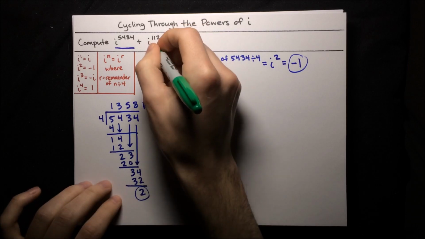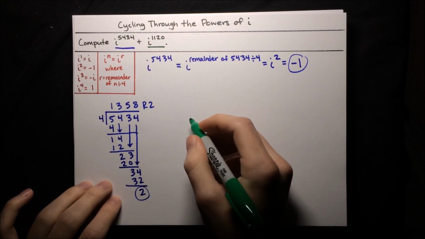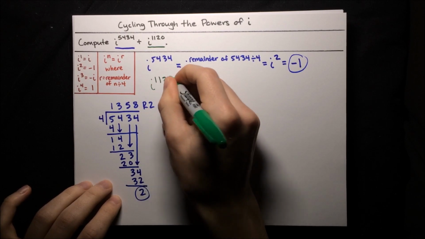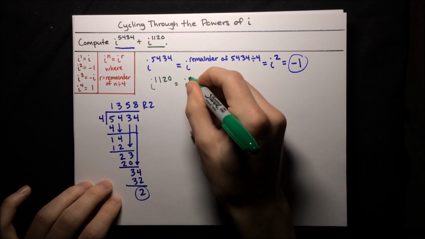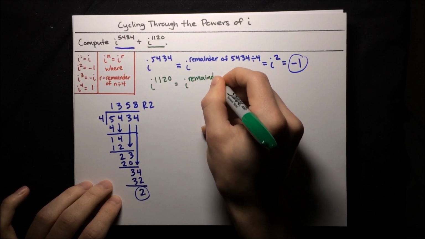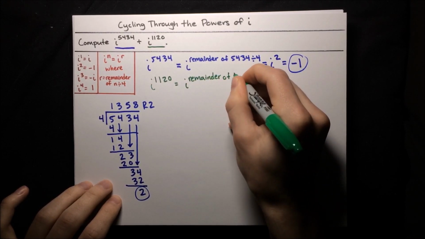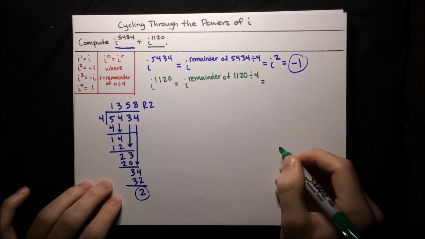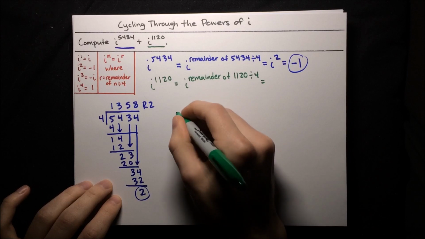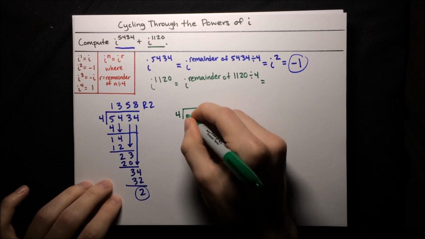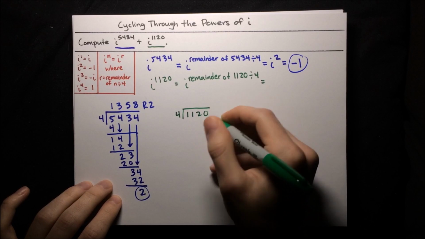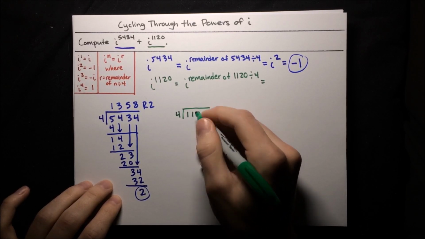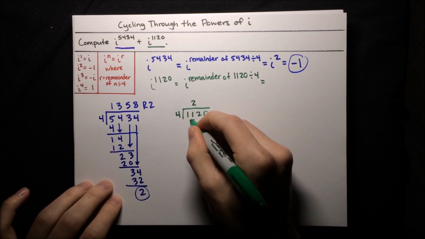The next one, I to the 1,120, is going to follow a very similar procedure. I to the 1,120 is just equal to I to the remainder of 1,120 divided by 4. And to figure out what that is, we can go ahead and do long division again. So 4 goes into 1,120 how many times? Well, 4 goes into 1 0 times, so 4 goes into 11 twice. So put a 2, 4 times 2 is 8.